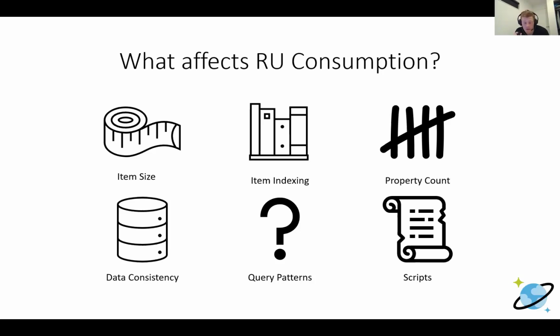We can consume fewer request units by choosing not to index some of our items. Within each container, essentially you'll have an indexing policy, and you can explicitly define which paths in your items you want to include in or exclude from indexing.